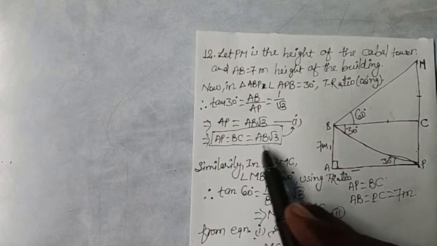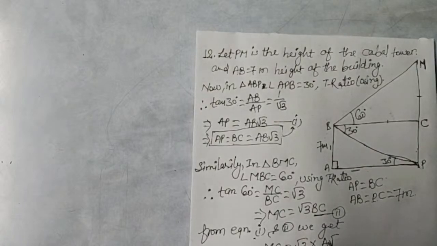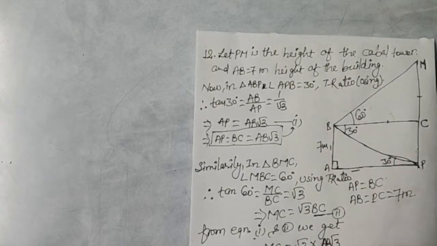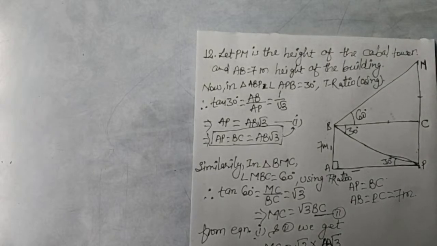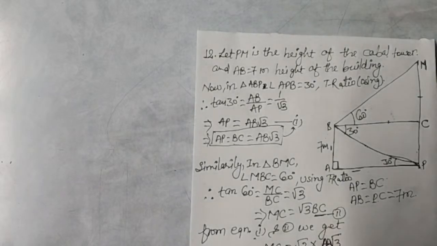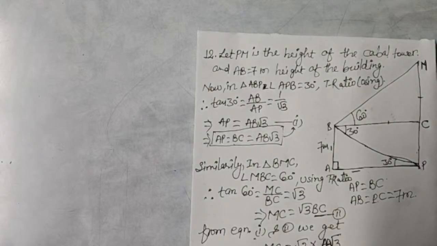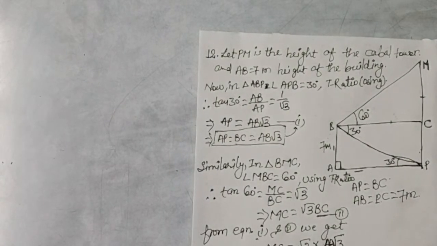What is BC? BC is AB root 3, and we know that the value of AB is what? 3 into 7 root 3 meter. Therefore it will become what? MC is 7 into 3, that is 21 meter. Here MC is 21 meter.